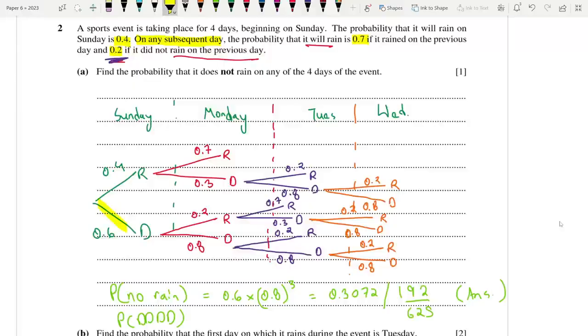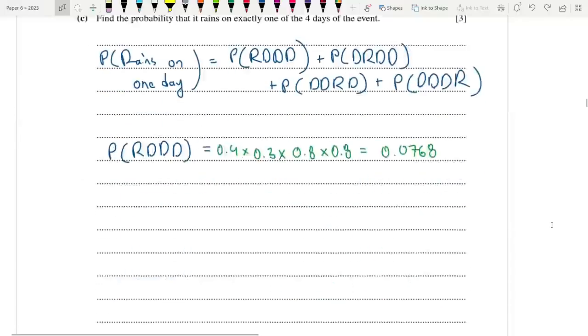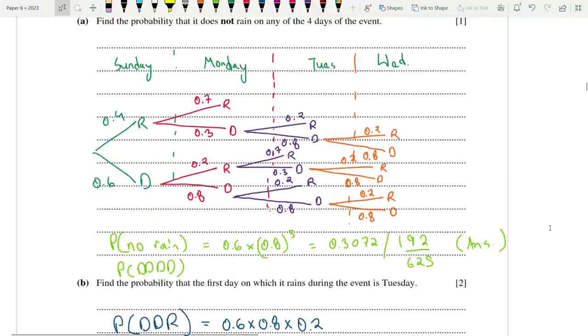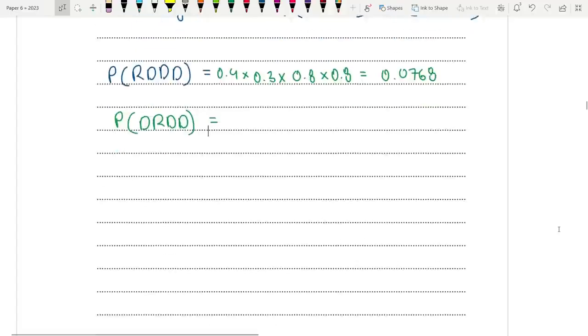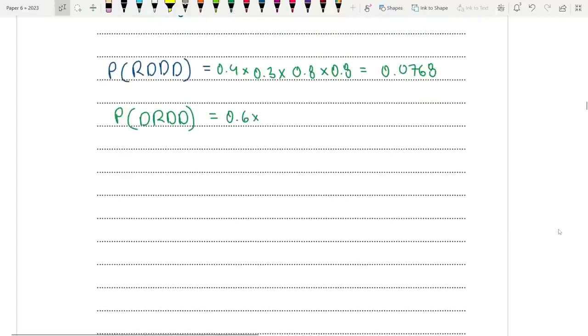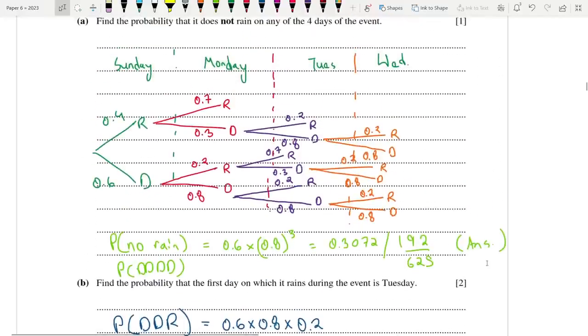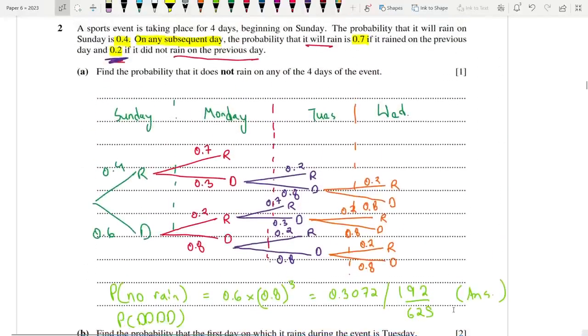So if you follow the track, does not rain, rains, does not rain, does not rain, that's 0.6 times 0.2 times 0.3 times 0.8.